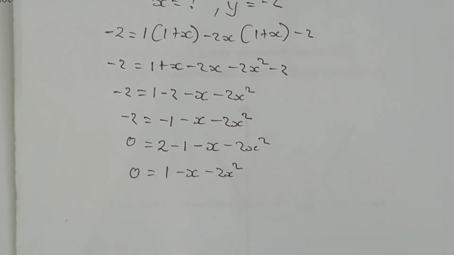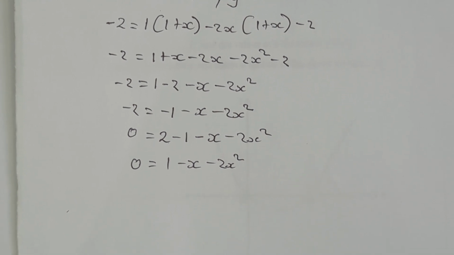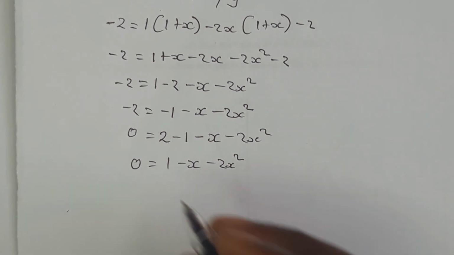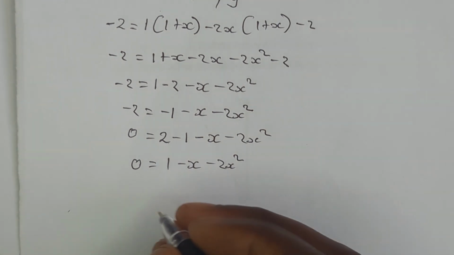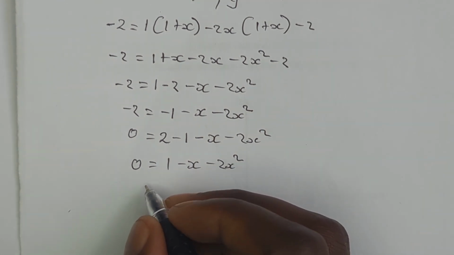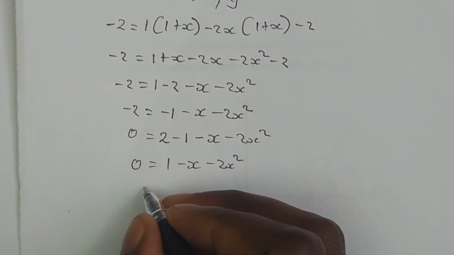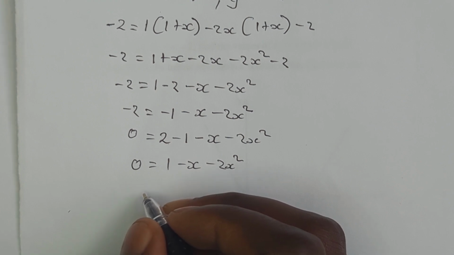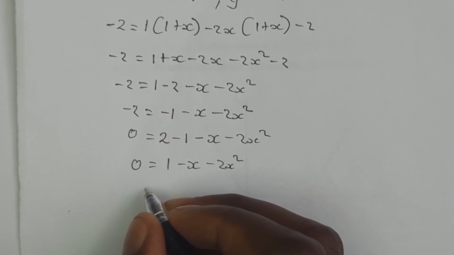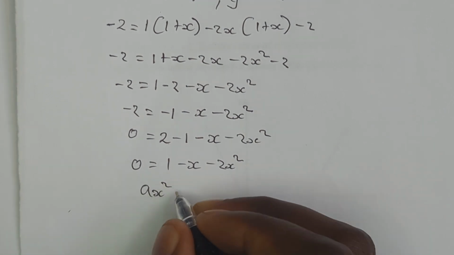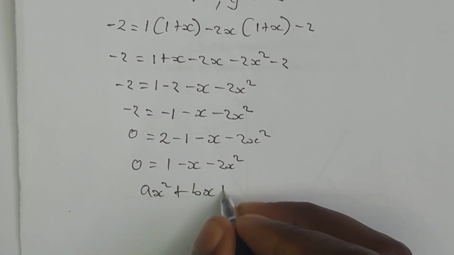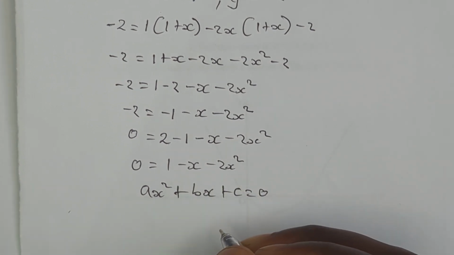we can use factorization to find the values of x. So for this one to be easy, the format for the quadratic equation is ax to the power 2 plus bx plus c is equal to 0.